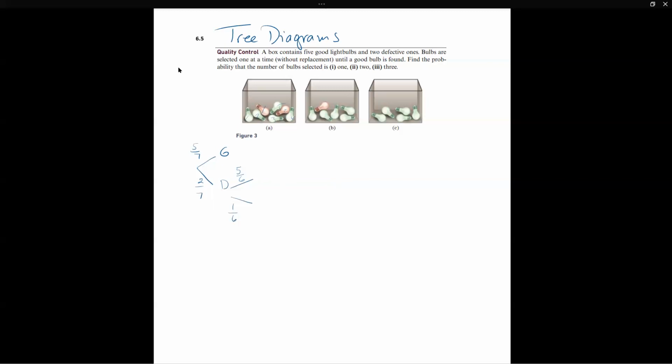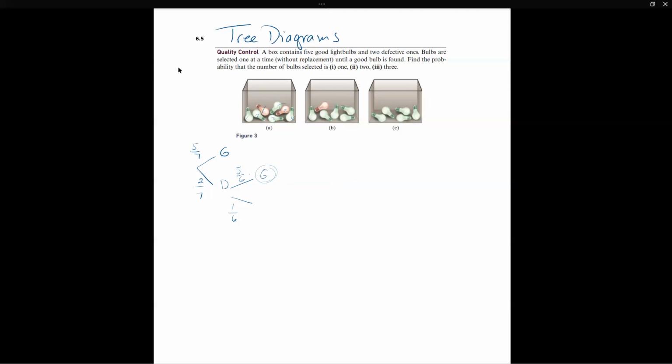And as you saw in previous work with probabilities, the probability of this outcome here is not a direct one. It's going to come from its sequence. So you will need to multiply.